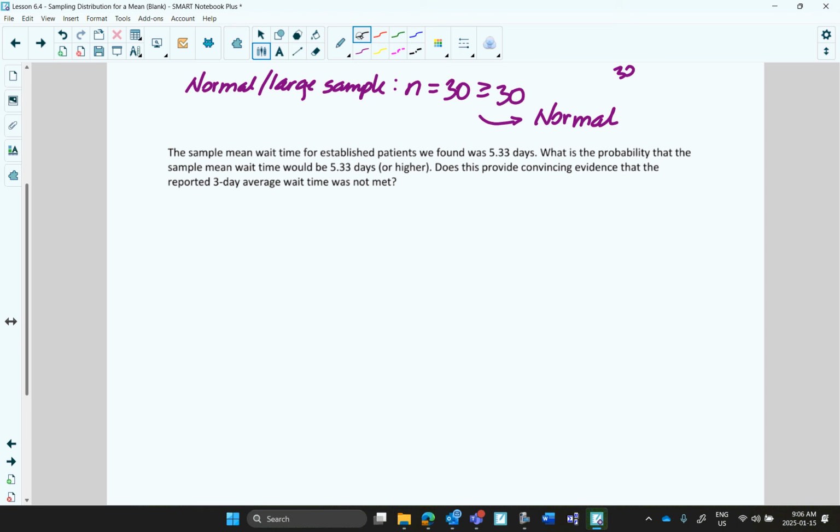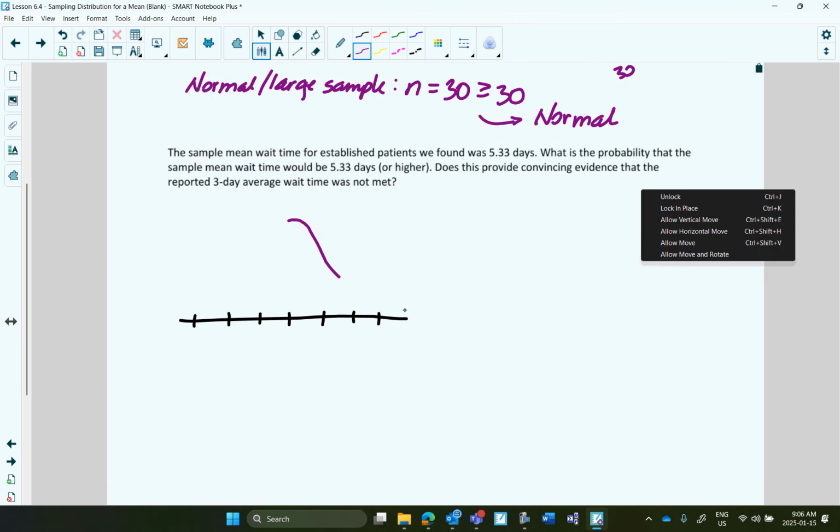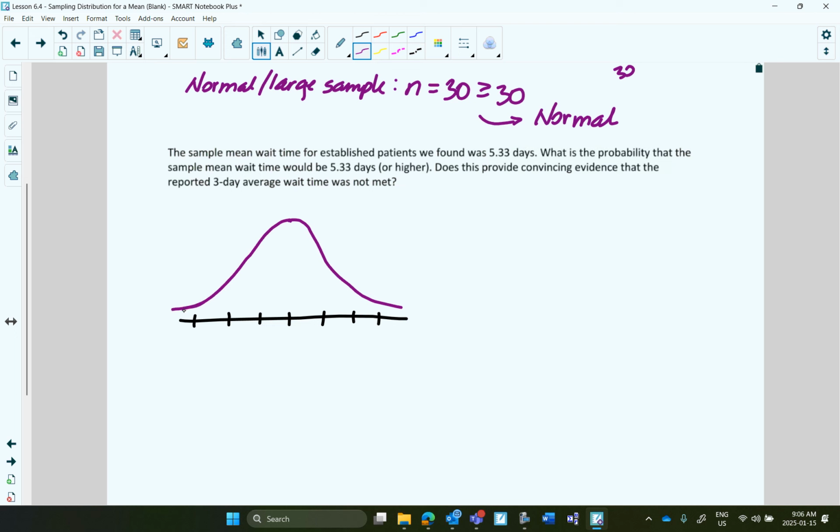So let's see. We're going to do our 7 notches. Sketch the curve in here. We're going to start with our mean, which is 3. And then to get the notches to the right, we're going to keep adding 0.183.